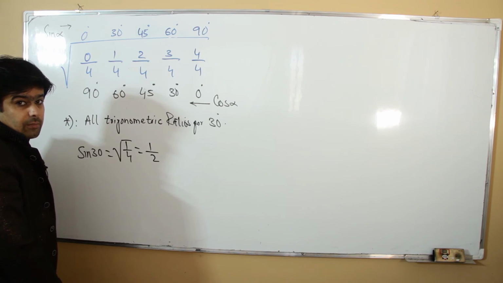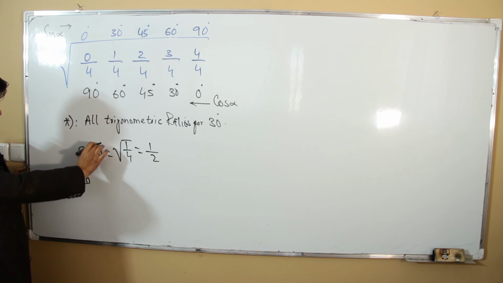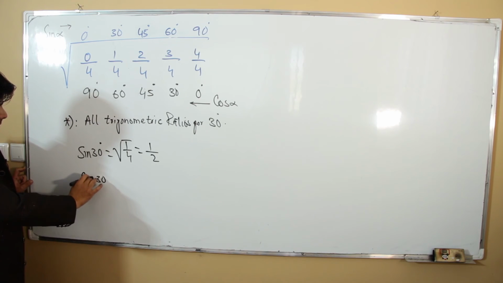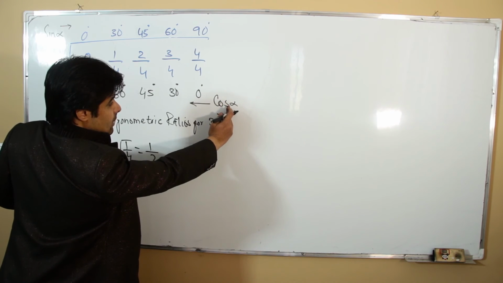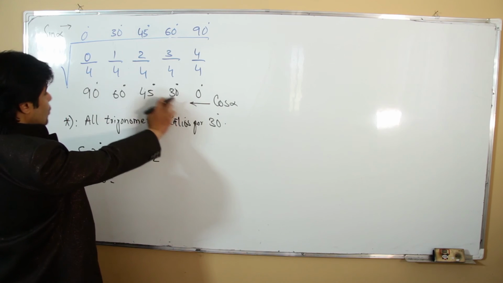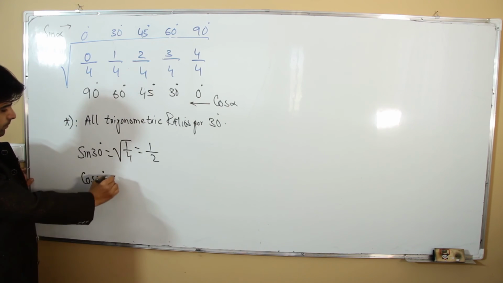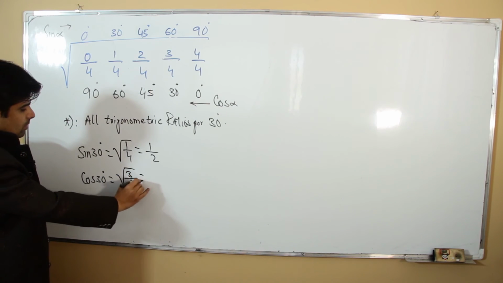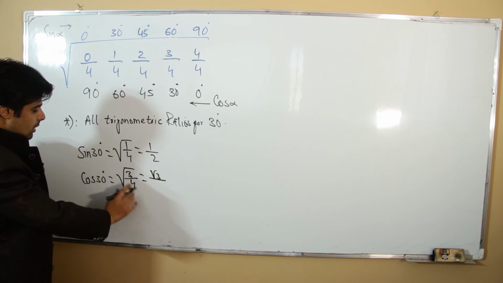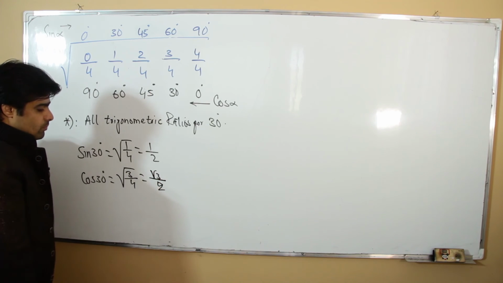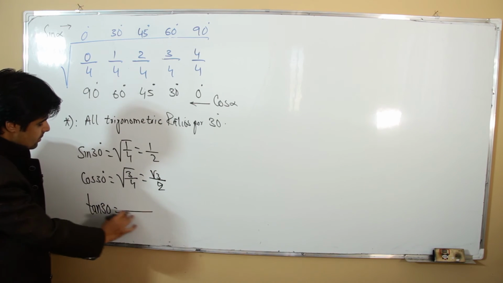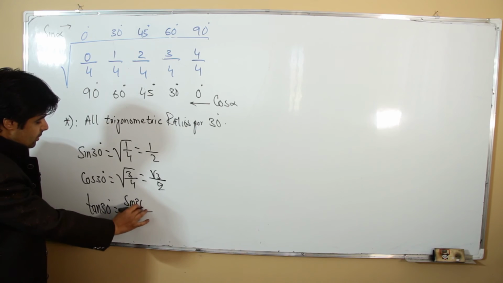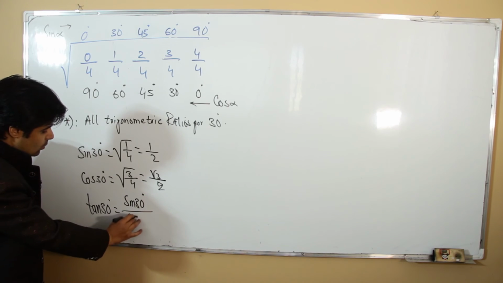This is your sine. If you want to define cosine of 30, start from where? From right to left. This is your 30. Root of 3 by 4. I think you have got it. Now root of 3 is root 3, and root of 4 is 2. Now if you want to define tangent of 30, it is sine of 30 degree divided by cosine of 30 degree.